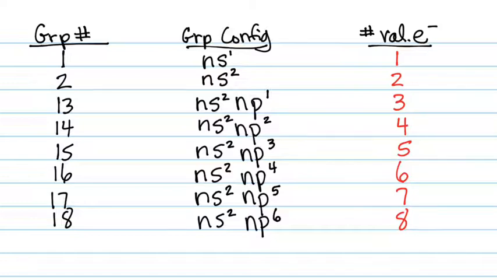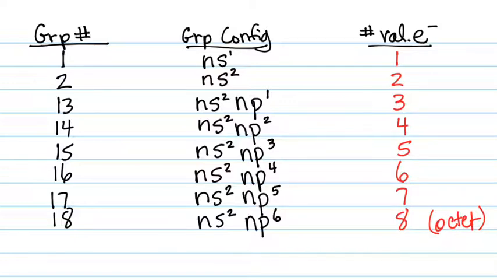We always talk about the happy 8, or your octet. And we are looking at having 8 valence electrons. We know group 18 is very stable. Those are our noble gases, and other elements want to be like your noble gases. So what can they do to be like a noble gas and have those 8 valence electrons?